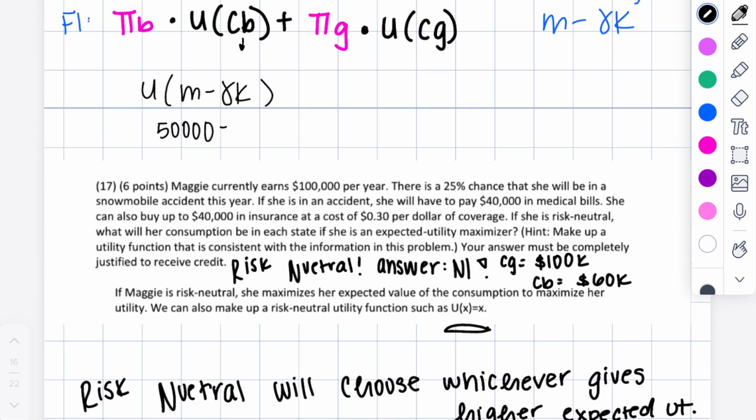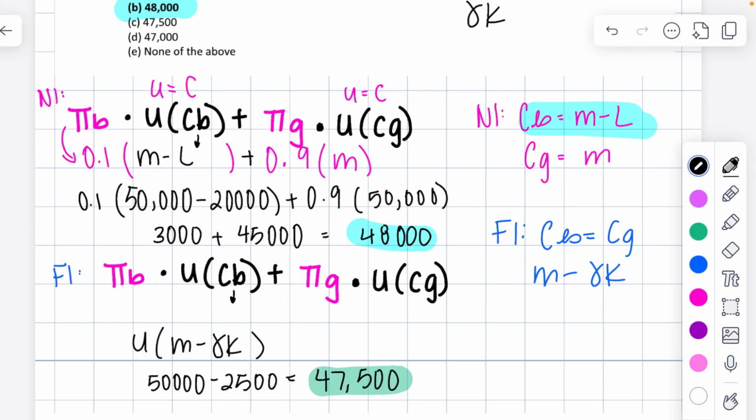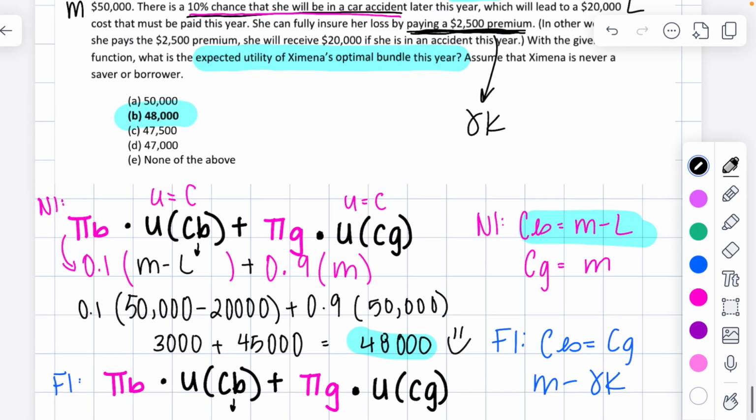And so 50,000 minus 2,500 is going to give us 47,500. So I see that I had a higher expected utility under no insurance. So I'm going to go ahead and not insure.